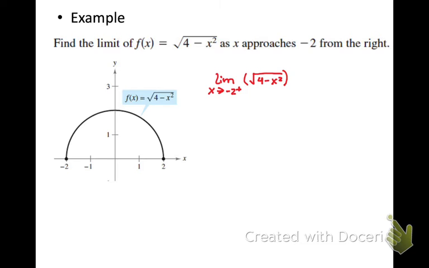Well, -2 from the right means you follow the graph from the right, and what is your y approaching? The y's are 0. So the answer is 0.